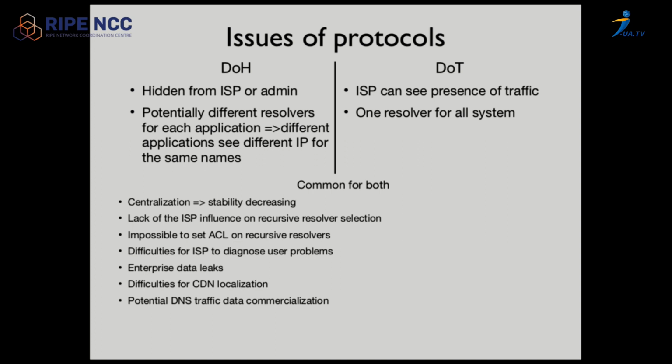So here are some of the issues or questions that arise. I have started discussing some of them. So with DOH, it is fully closed from the administrator, from the provider. So the provider does not know that DNS traffic is happening there. If it is DOT, at least you can see that this is DNS traffic.